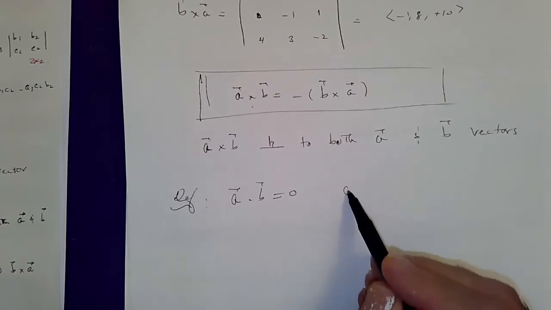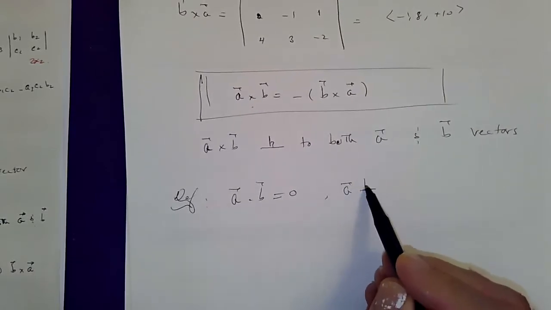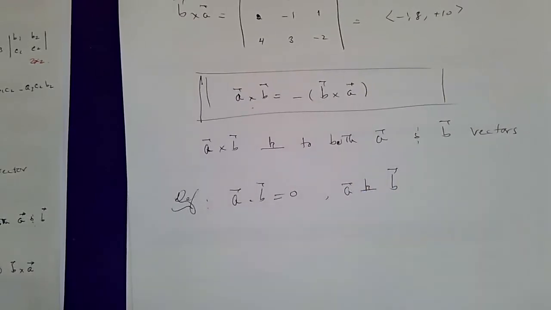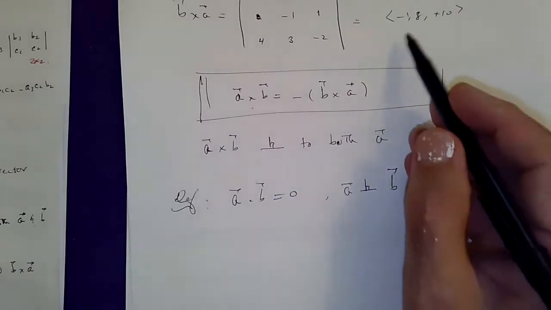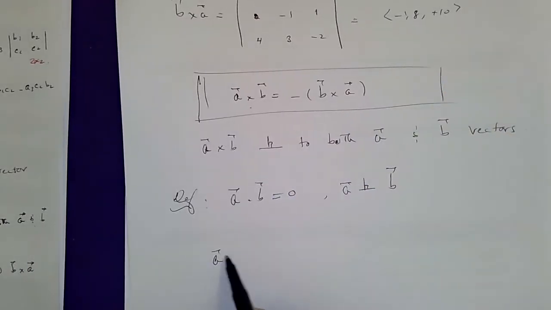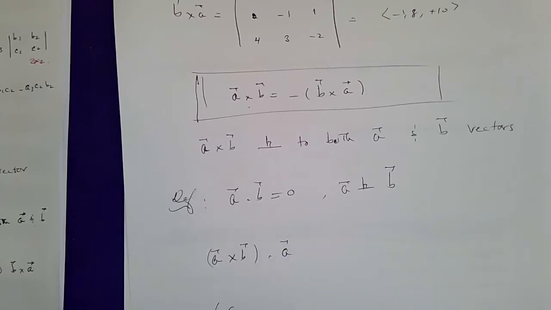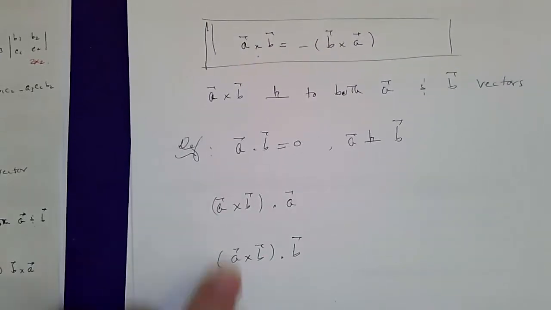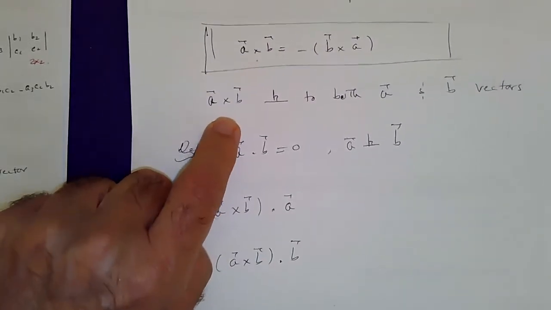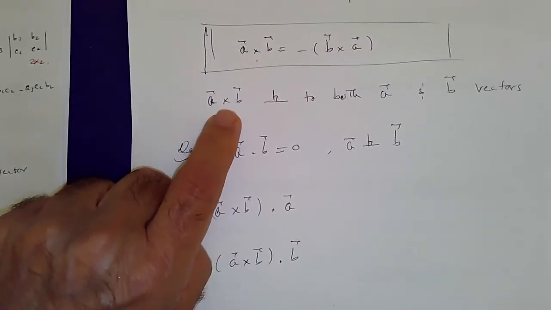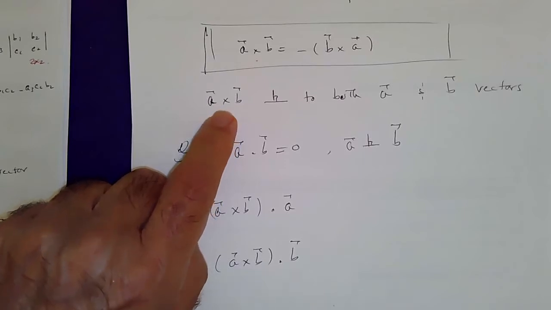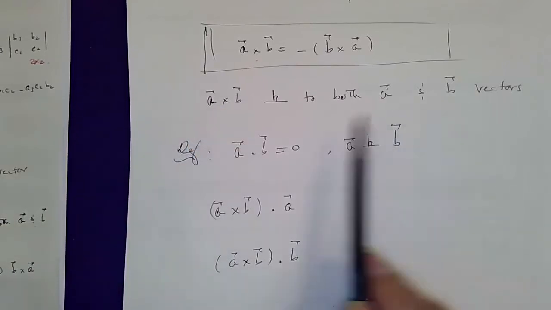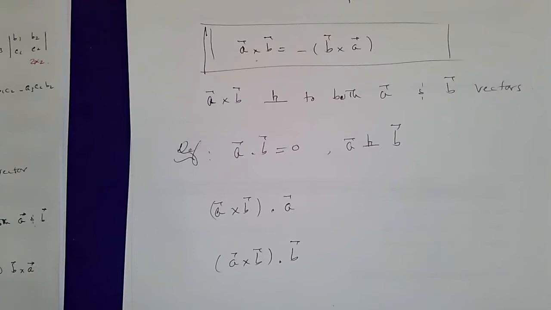That's the definition of vector A being perpendicular to vector B. So all you have to do is take A cross B and dot it with A, and later dot it with B, and see if you get 0. That just shows you that the cross product of two non-zero vectors happens to be a vector which is perpendicular to both of those vectors.